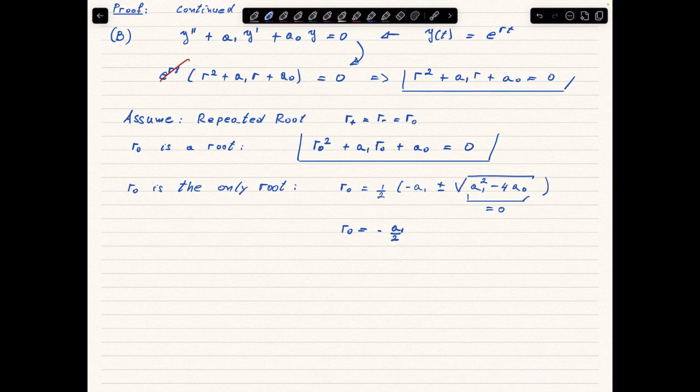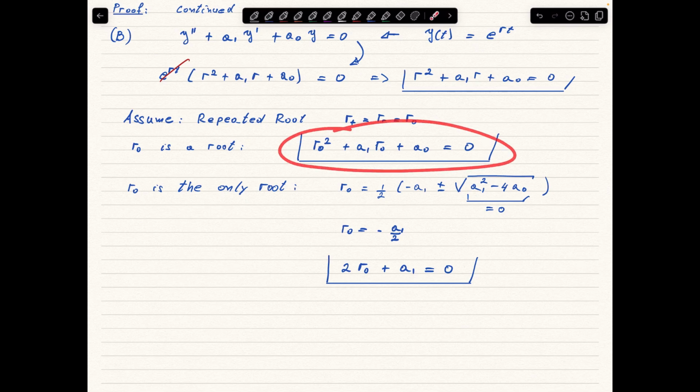We can rewrite this formula in a simpler way. We multiply everything by 2 and move the a1 to the other side, and this formula can be written, let's do it down here so we have a little more space, as 2 r0 + a1 = 0. This is the condition that r0 is the only root. So r0 satisfies both equations: this equation because it's a root, and this equation because it's the only root.